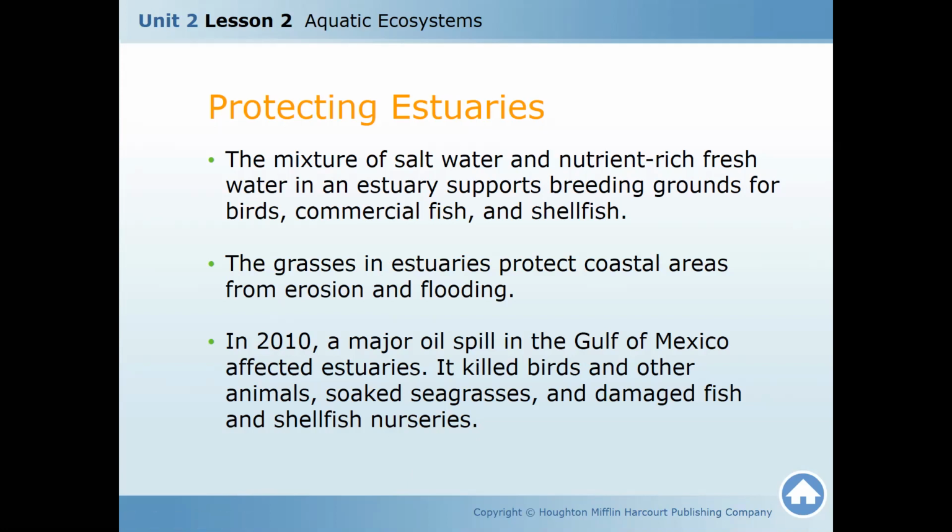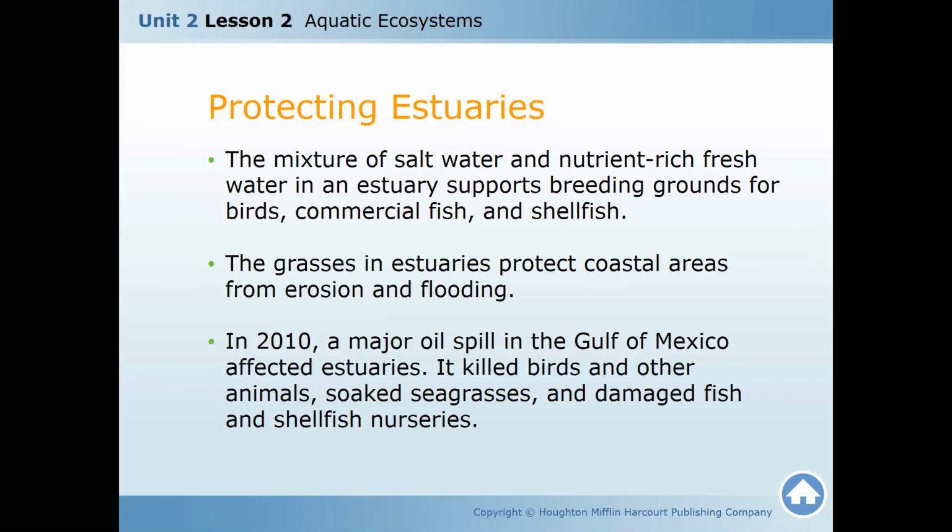In 2010, a major oil spill in the Gulf of Mexico affected estuaries and it killed birds and other animals, soaked sea grasses, and damaged fish and shellfish nurseries. They are talking about something that happened accidentally in 2010, a major oil spill.